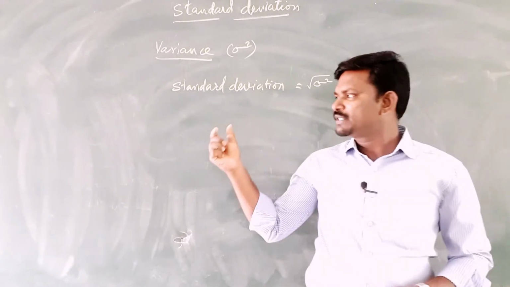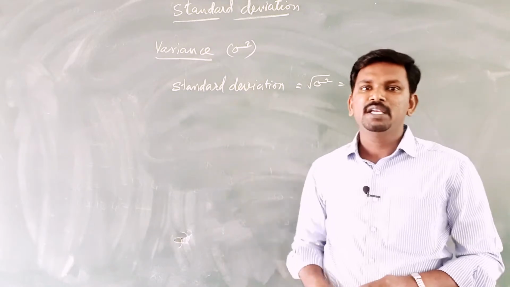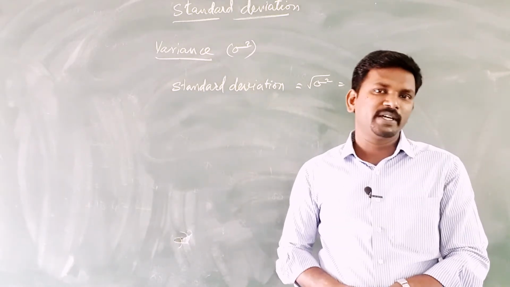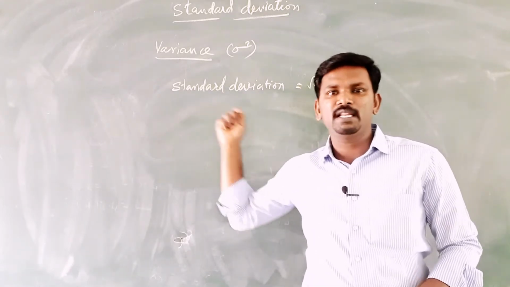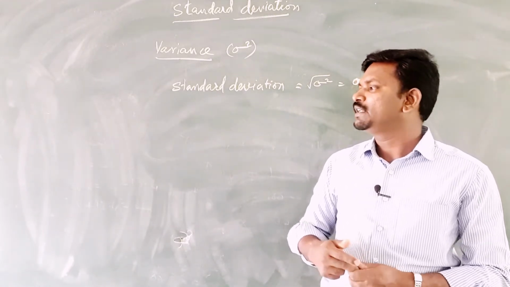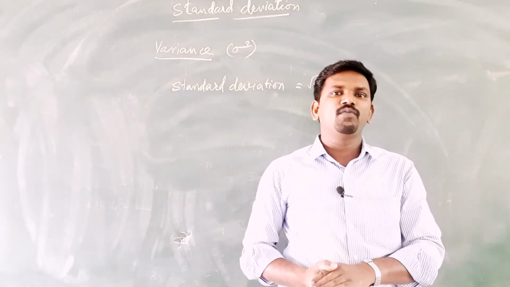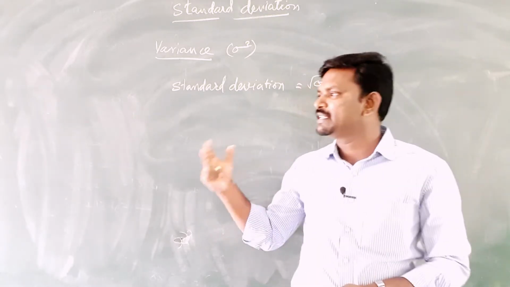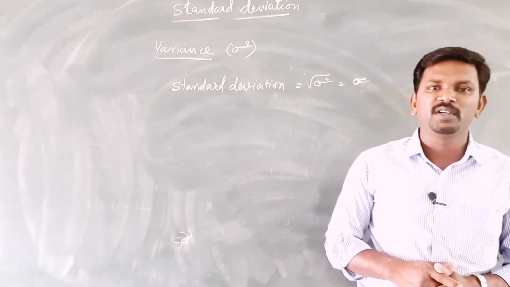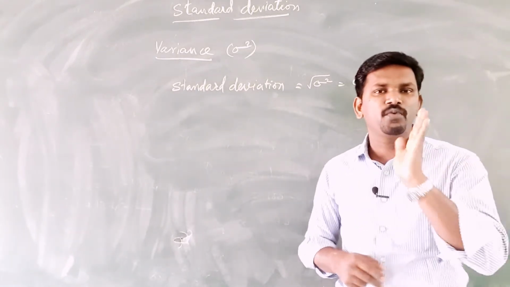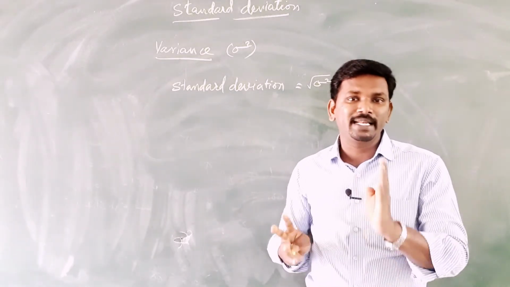For ungrouped data, if the data are given as individual observations, we can find the standard deviation using four methods. For all those four methods separate formulas are given in your textbook.